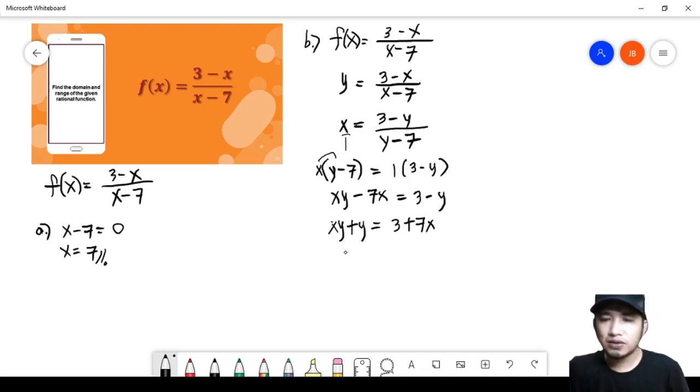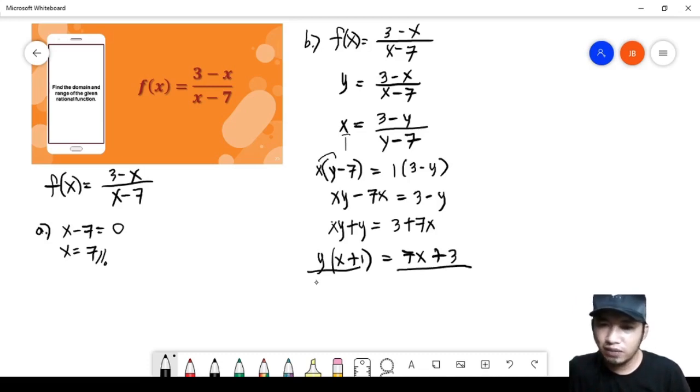Alright? So, ilalabas natin si y. Y times x plus 1 is equal to, pagpalitin natin itong dalawang to, that is 7x plus 3. Alright? So, for us to get the value of y, divide both sides by x plus 1. Cancel. Our y now is equal to 7x plus 3 all over x plus 1.